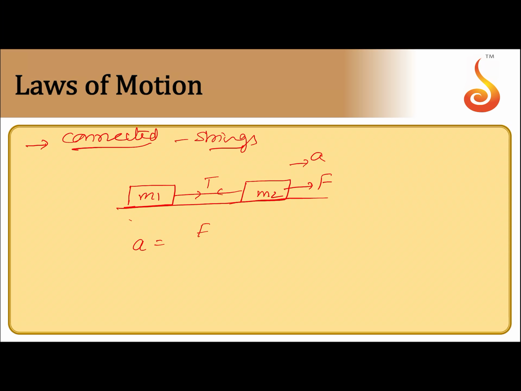Acceleration is clearly F divided by m1 plus m2, and the tension in the string is m1 F divided by m1 plus m2. Correct? Simple. But this time, can I apply a pushing force? No. If I apply a pushing force, both the blocks cannot accelerate. The tension in the string becomes 0.